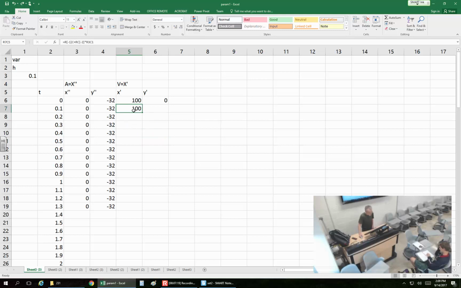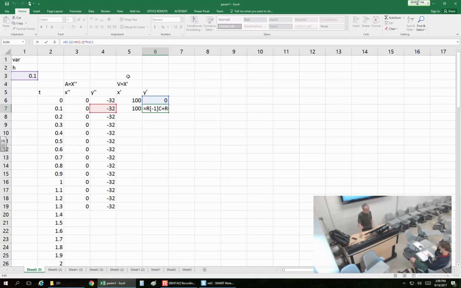That's my formula, spreading it to the right. Okay, so you see what has happened with y prime. The same formula. Let's take a look at what it gives us. As you can see, it's the same formula. Previous y velocity plus the acceleration times the time interval gives me the current velocity.